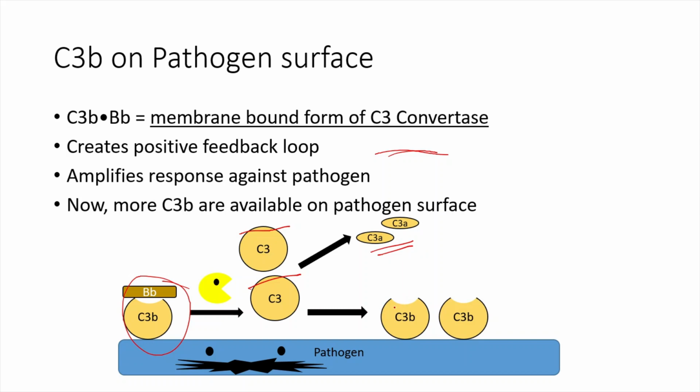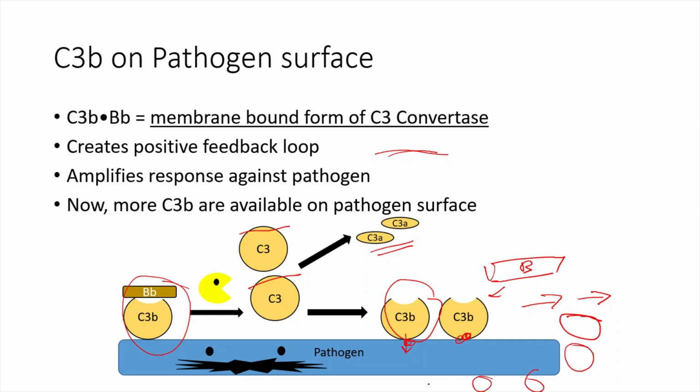And the leftover bigger pieces, C3b, continue to stick on the pathogen covalently, and this whole process will repeat. Factor B will come in again, and you get more and more on the surface of the pathogen until it's all coated with butter, and that makes it tasty.